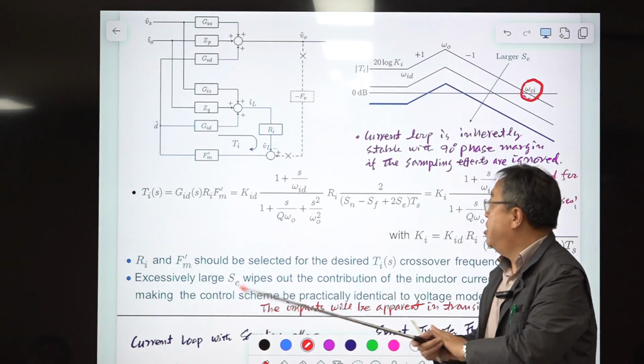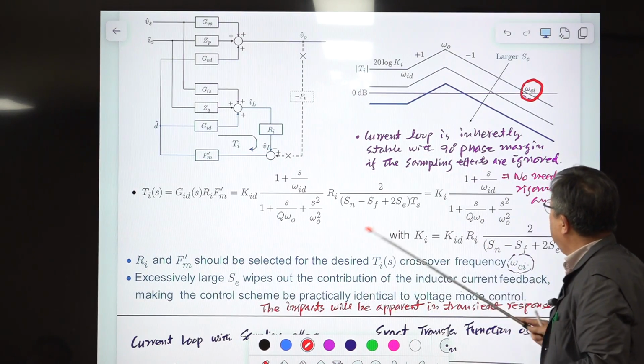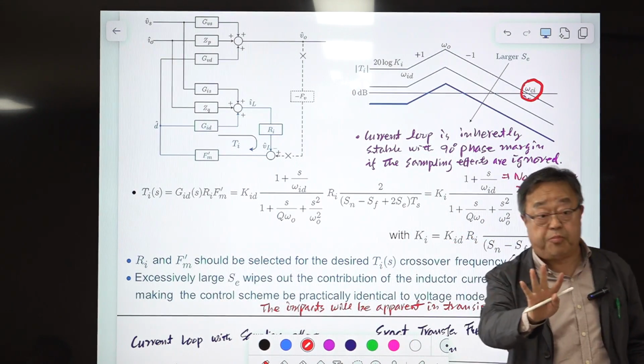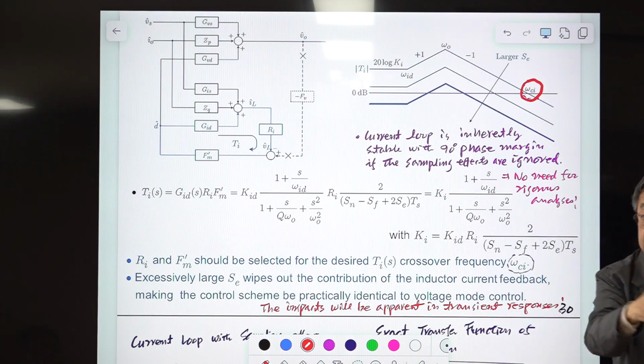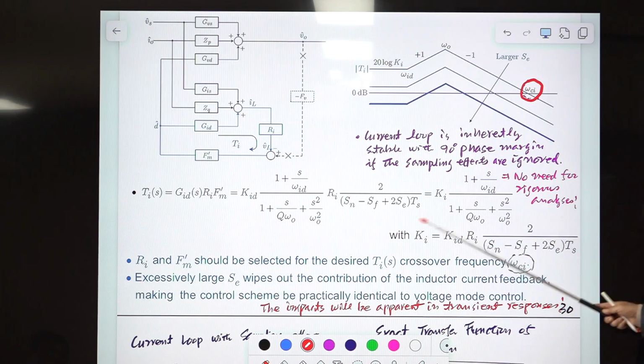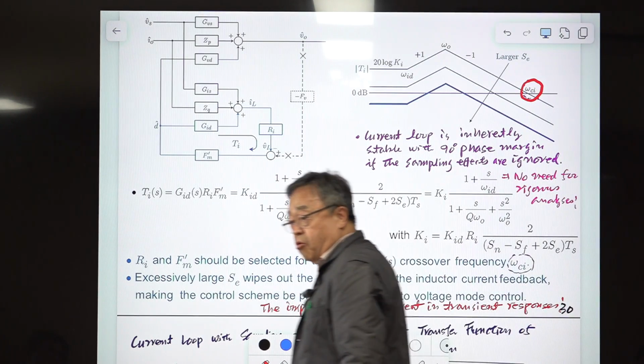If this product becomes 100 volts, that does not make sense. Your PWM IC can only handle maybe less than 5 volts. So this Ri is determined by some hardware constraint.